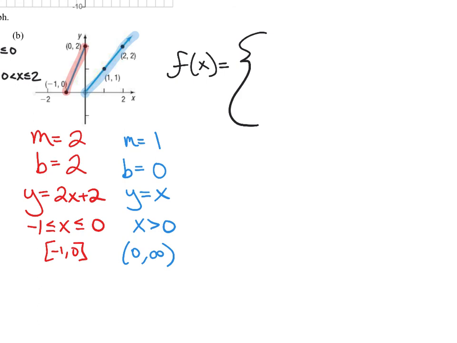We would say that f of x is equal to 2x plus 2 if x is between -1 and 0, inclusive on both sides. And then f of x is equal to just x when x is larger than 0. That's my red and my blue part of this one piecewise function.